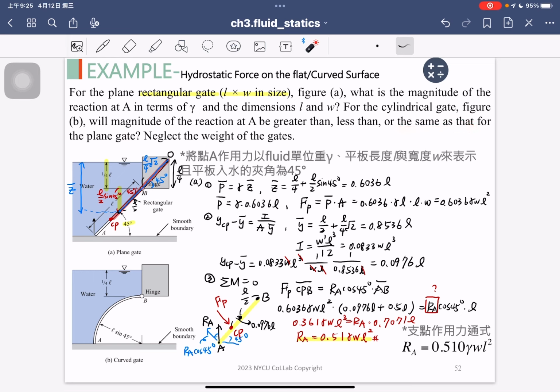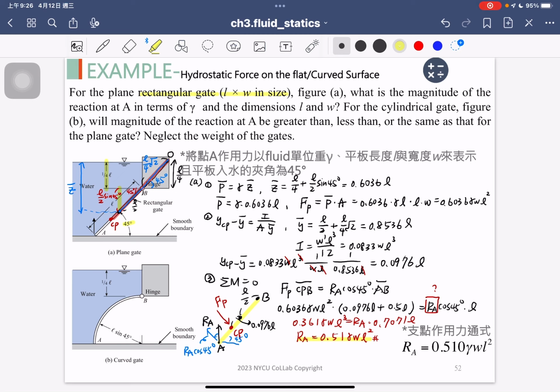For this question, I don't recalculate the answer, even though I changed the curvature shape, because as I always mentioned, you should consider how much fluid weight is above your curvature.